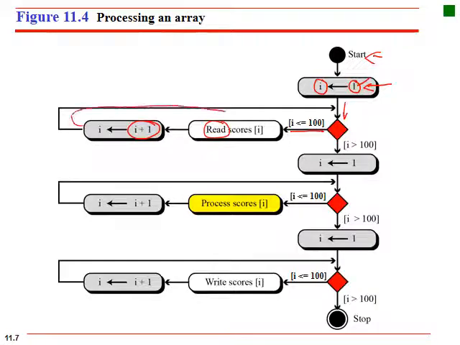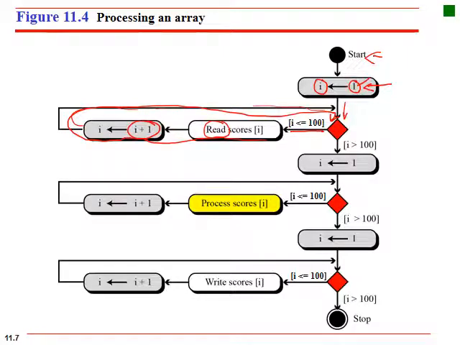And then we'll continue to the beginning of the loop and we will do our check again. If I is now 2, check: is I less than or equal to 100? Yes, it is. Then we're going to continue with this loop, read score 2, and then add 1 to I, so I will now be 3. And so we continue and check, yes, 3 is still less than or equal to 100.